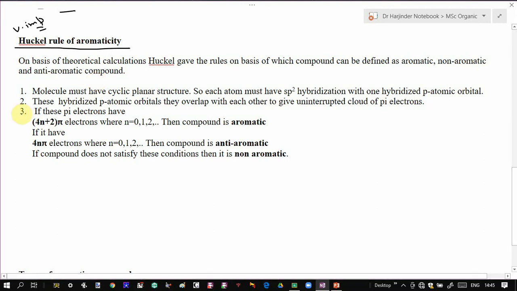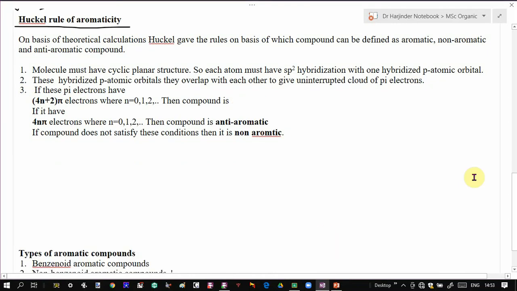And what are those conditions? The very first condition is the molecule must have a cyclic planar structure. That means the structure of the molecule must be cyclic and it must be planar.